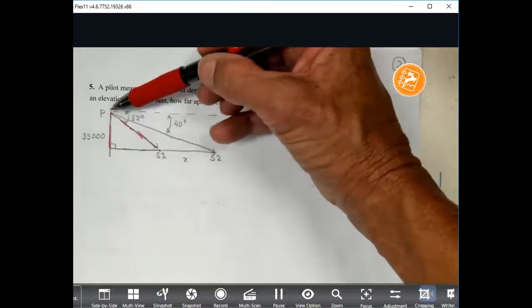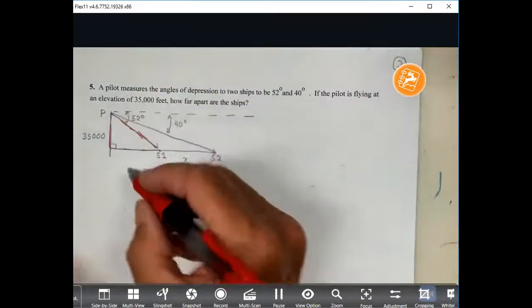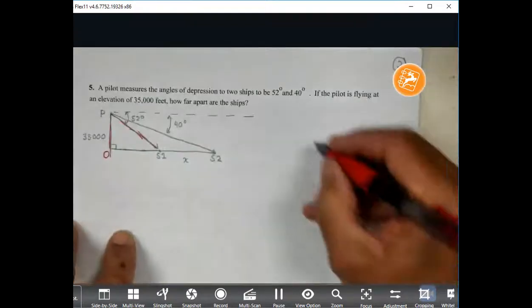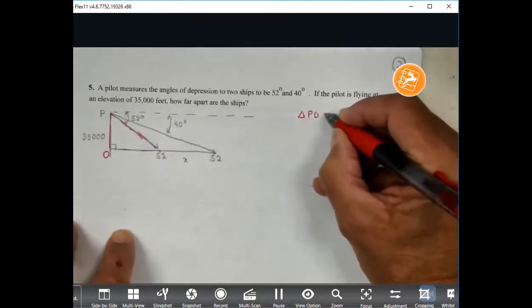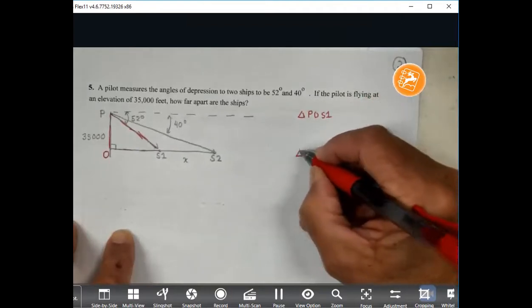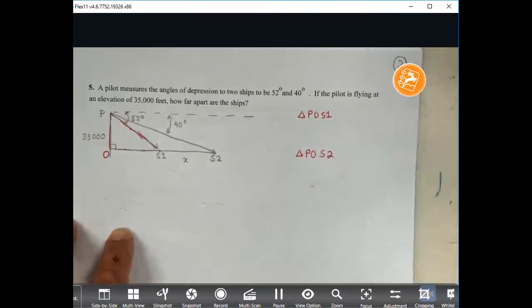So the other right triangle is from P all the way out to, let me call this point O for the origin. So we have triangle P, O, and ship number 1, and we have triangle P, O, and ship number 2.